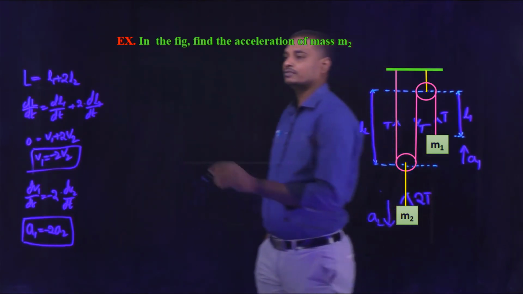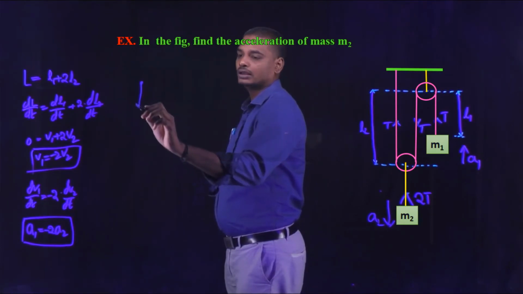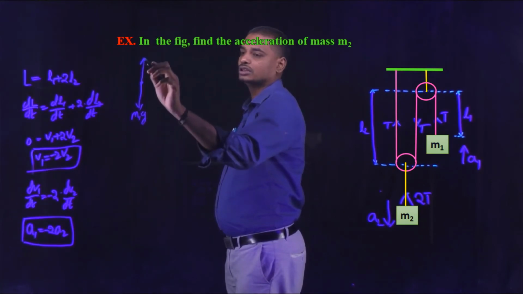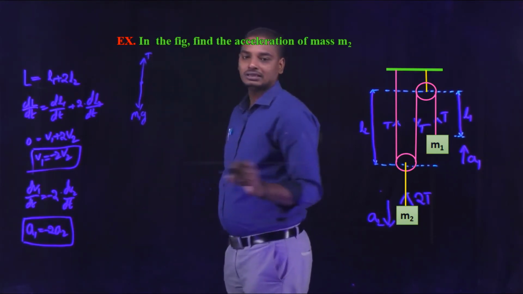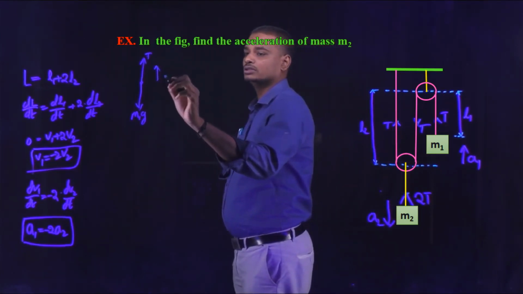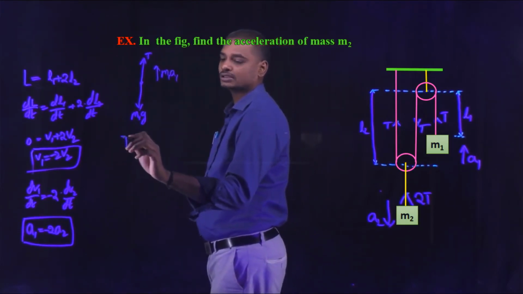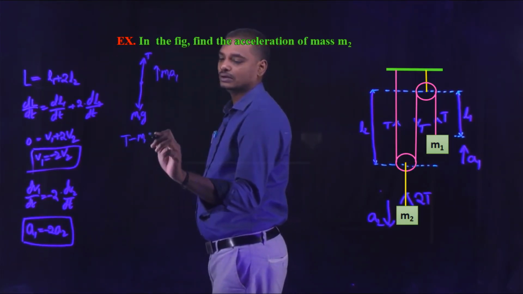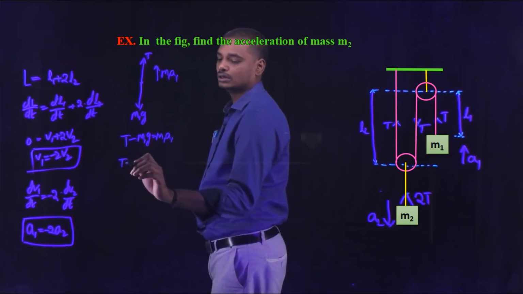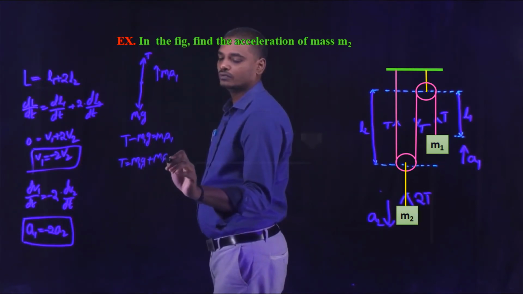By drawing the free body diagram of the first one, the weight of the body acts vertically downwards, which is m1g, and the tension in the string is upwards, which is T, and there is a net resultant acceleration upwards, so the net force acting on the body is m1 a1. So the equation can be written as T minus m1g is equal to m1 a1, or T is equal to m1g plus m1 a1.